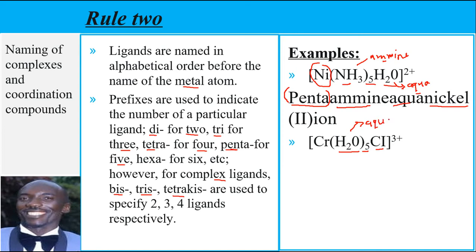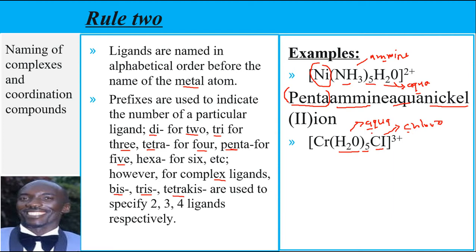And still from the first slides, this is a chloride. We say it changes to chloro. So meaning that now we are having A and C, implying that A comes first before C. So we shall have aqua coming first, followed by chloride, which is now chloro.